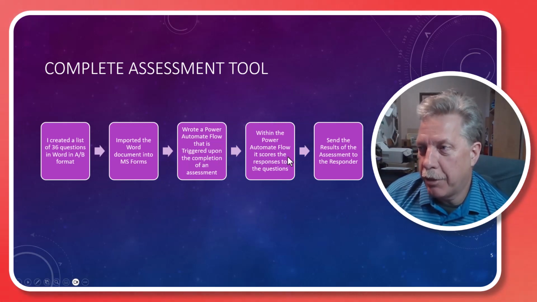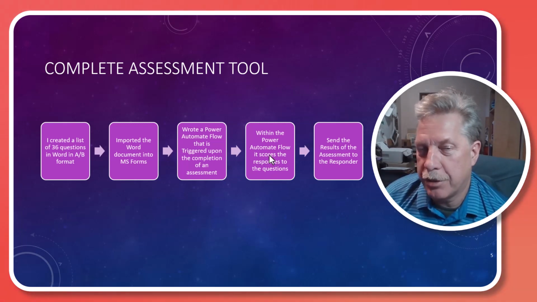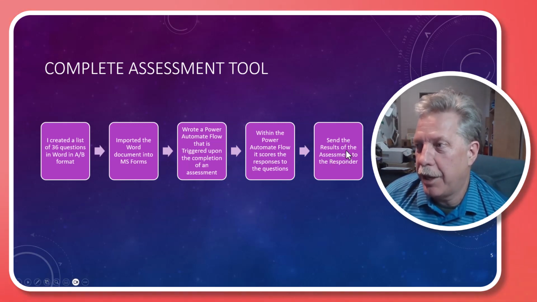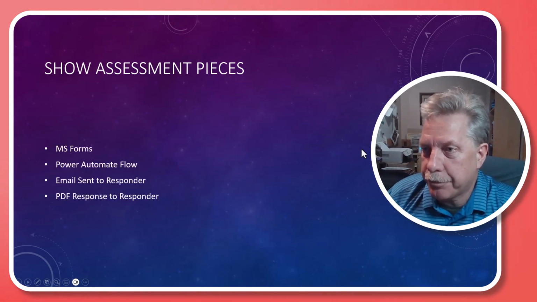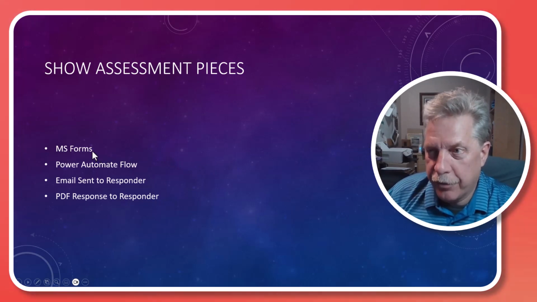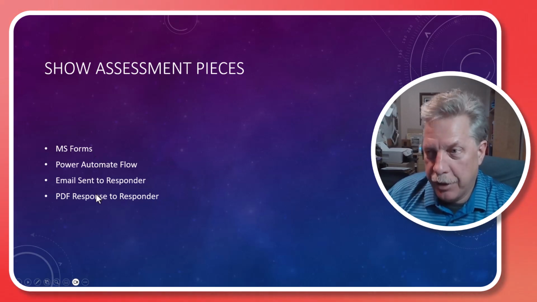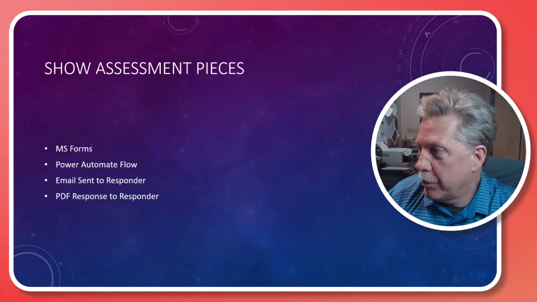Within that Power Automate flow, it's going to score and put together the responses to the questions and assess the person as being one of 4 different communication styles. Then it's going to send that assessment to the responder, the person that filled out the form. So again, it consists of 4 different pieces: an MS form, a Power Automate flow, an email that's sent to the responder, and attached in the email is the PDF that gives the results of the assessment.